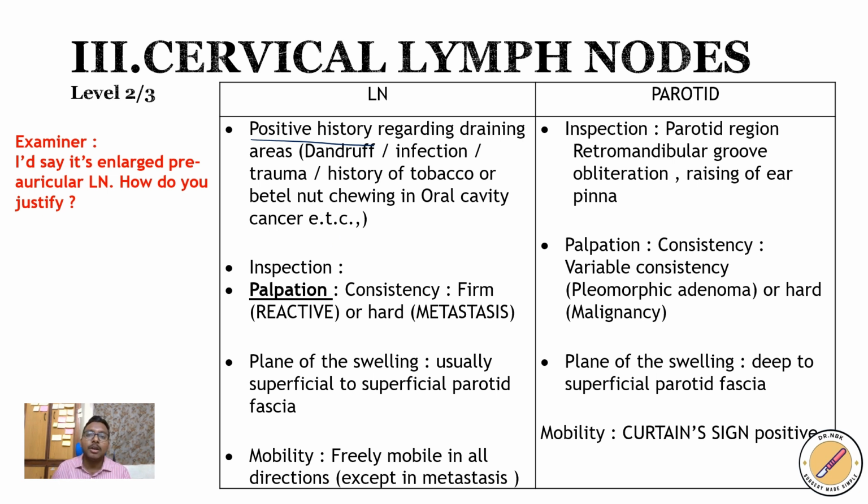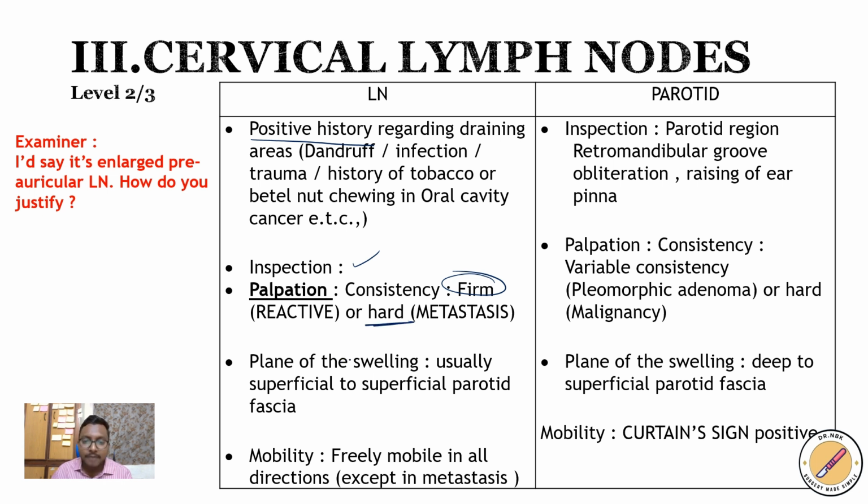Whereas in case of parotid, you know the classical, there is nothing like a specific history. Then in inspection, there are not many findings in an enlarged preauricular lymph node, but in palpation, I told you it can be, if it is a reactive lymph node, that means if the enlarged lymph node is in response to an infection, that is called reactive lymphadenopathy, it will be firm. Whereas if it is a metastatic lymph node, it will be hard.